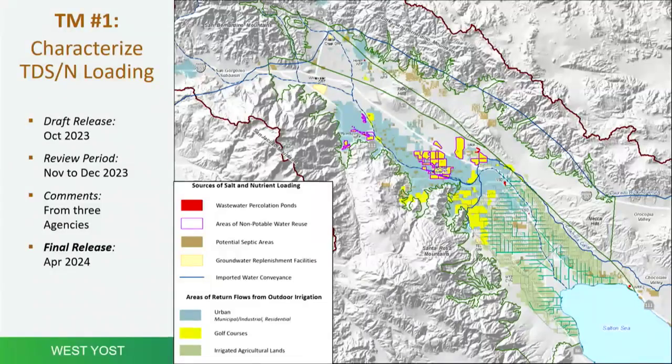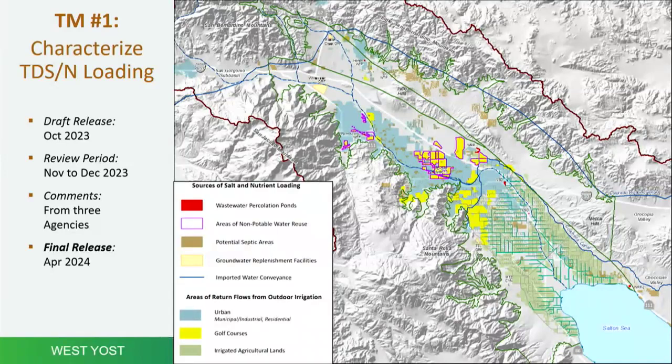We've got things like wastewater percolation ponds, the major groundwater replenishment facilities where imported water is being artificially recharged to the groundwater basin, so we can support groundwater levels and sustainably use the groundwater basin.